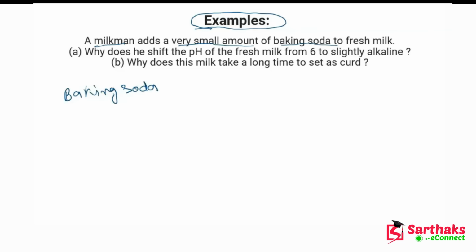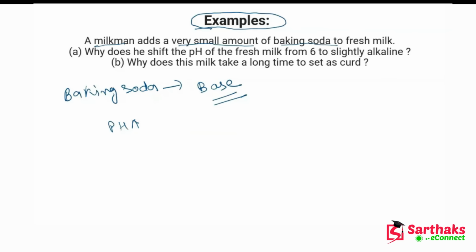I will be teaching you about baking soda later, but for now you just need to know that baking soda is basically a base. So he is adding a base to the fresh milk so that the pH of the milk will increase, because we know that the pH of bases is higher, more than 7. If he adds a base, the pH will become high, moving from 6 to slightly alkaline.